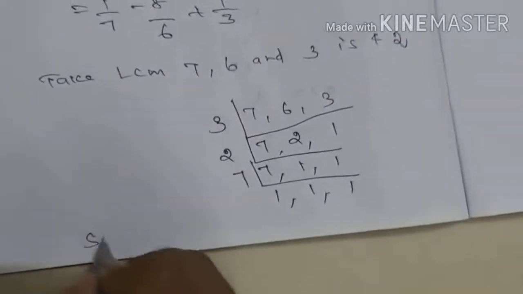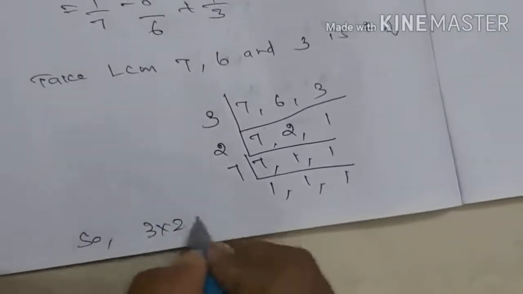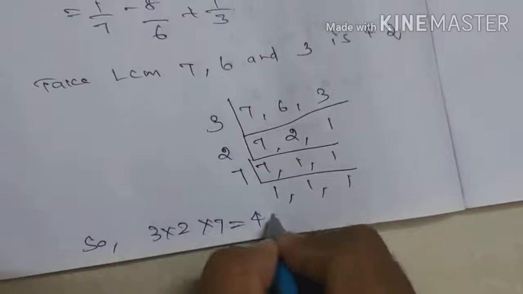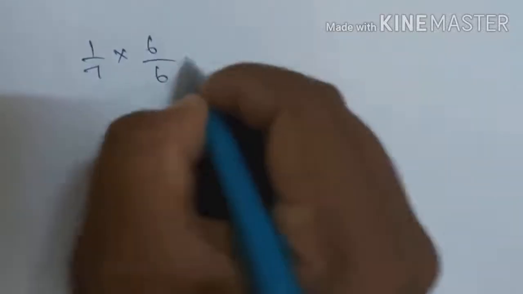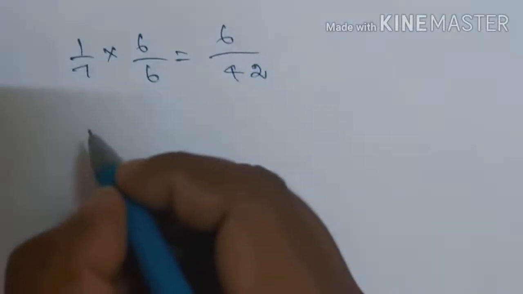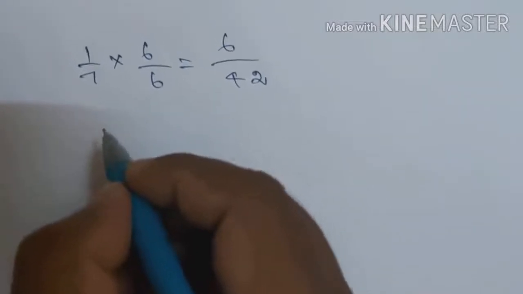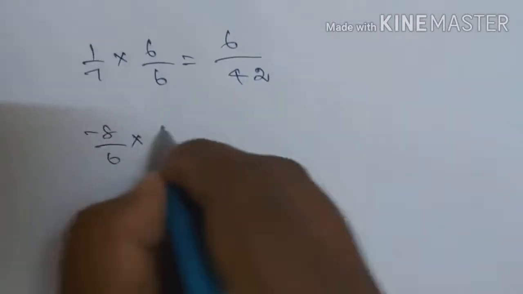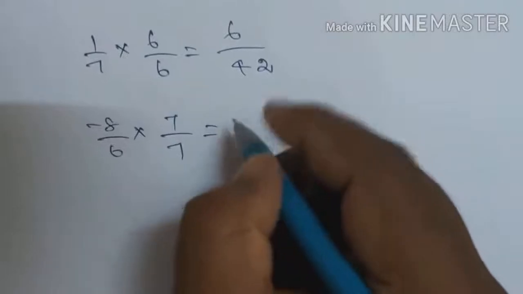So now we calculate the value: 1 by 7, multiply, 6 7s are 42. So denominator and numerator same number multiply: 1 6s are 6 by 7 6s are 42, minus 8 by 6, multiply 7 table, 8 7s are 56 by 6 7s are 42, and 1 by 3, 14 times will multiply.